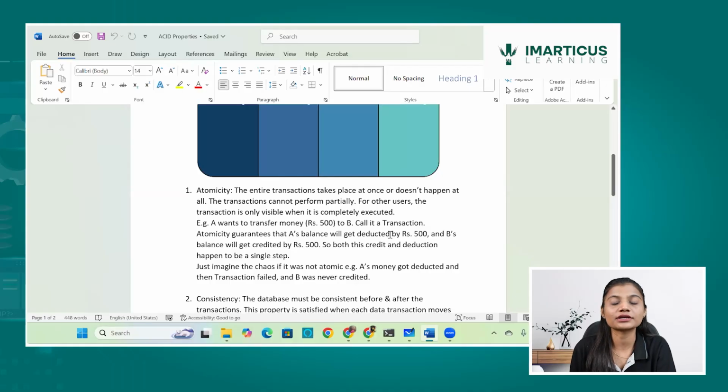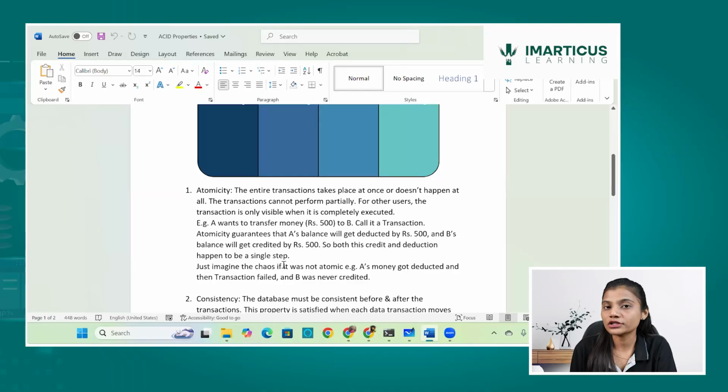It has been debited from one account and credited to another. So this credit and debit both happen as a single complete process. Just imagine the chaos if this was not the case, if the transaction was partially done, where the money has been deducted from my account but didn't get credited to yours.